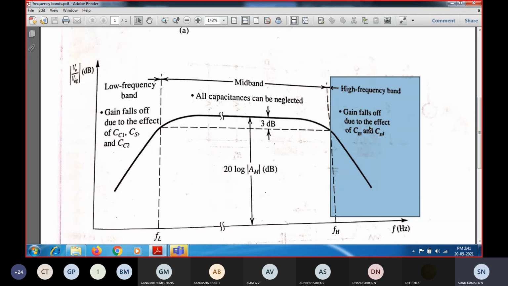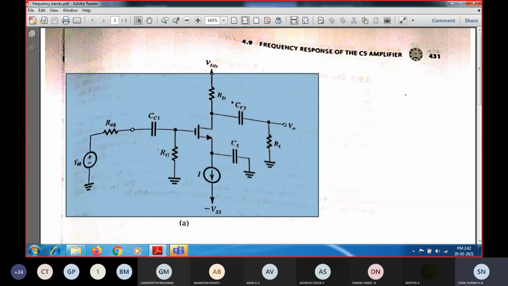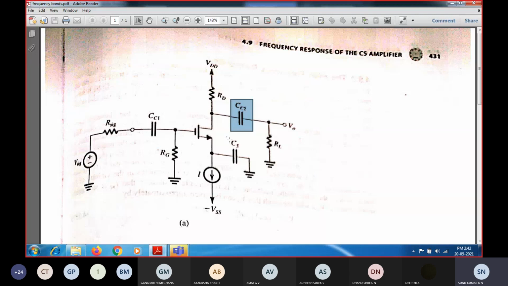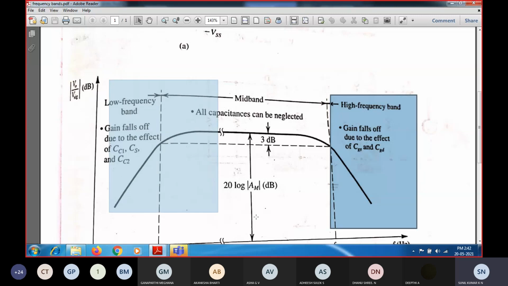So we know what to be included in the high frequency model. In this circuit diagram there are various capacitors: the input coupling capacitor, the output coupling capacitor, as well as the bypass capacitor. So three capacitors are included in the common source amplifier. When I consider the high frequency response, the external coupling capacitors will not have any impact.